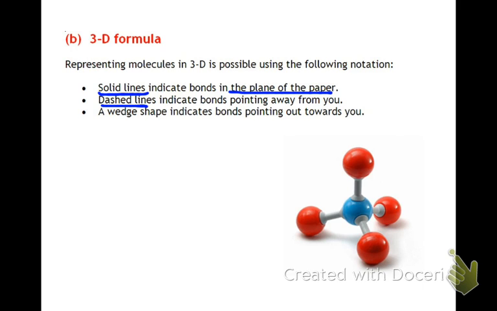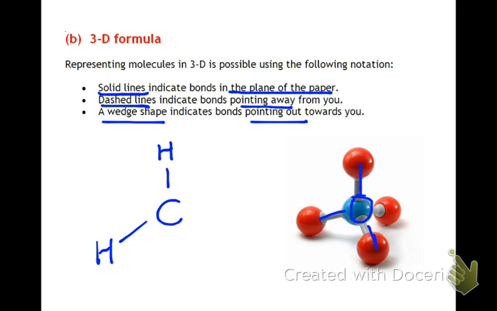Then we use dashed lines for bonds that are pointing away from us, and we use wedge shapes for bonds pointing out towards us. So remember, this central atom over there is the carbon atom. Let's imagine that that bond there and that bond there are in the plane, and so we would indicate it like that.